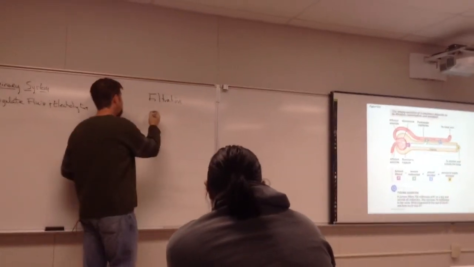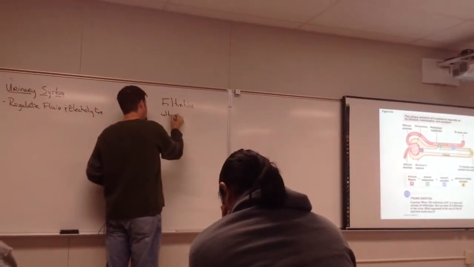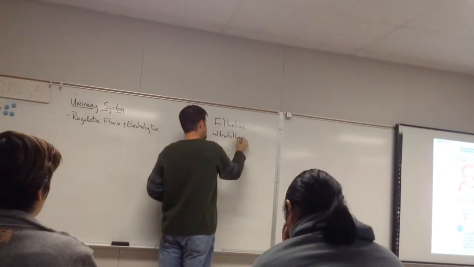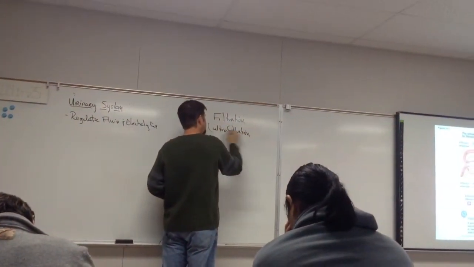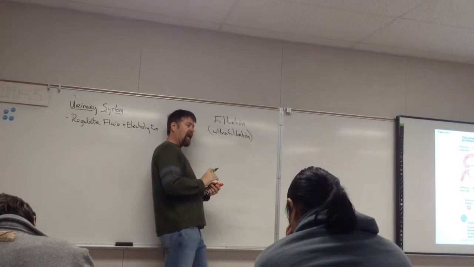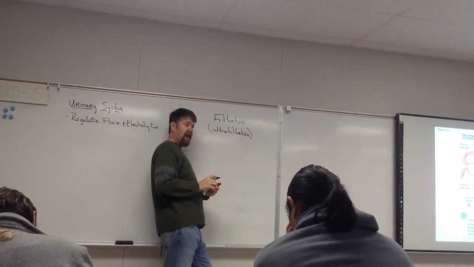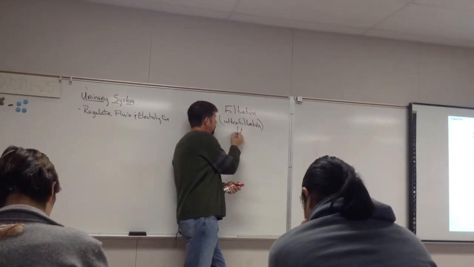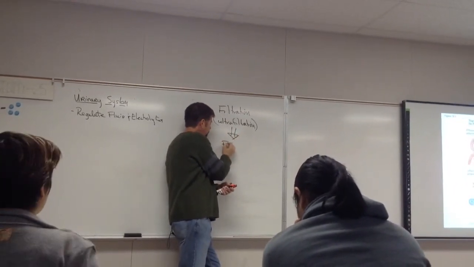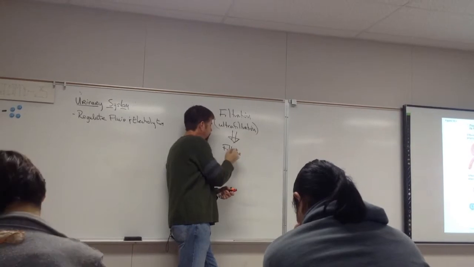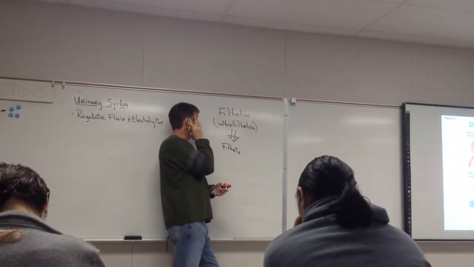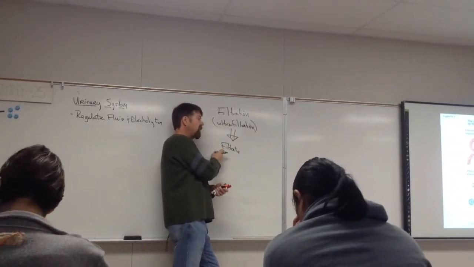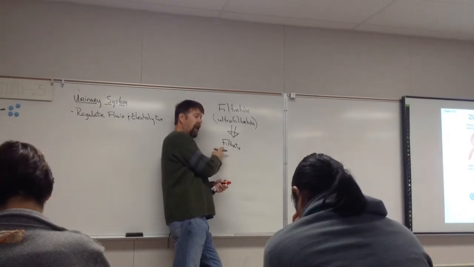And that's called filtration. And in fact, I tend to call it ultrafiltration because unlike every other filtration, this occurs at a really high pressure relative to every other capillary bed in the body. So ultrafiltration occurs, and what we produce here is something called filtrate, or ultrafiltrate. And where did this come from? That came from blood plasma.